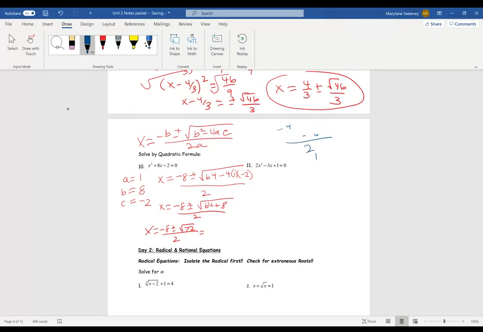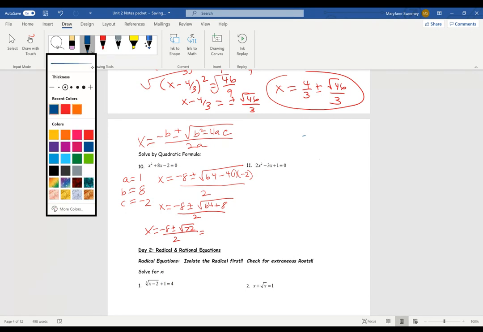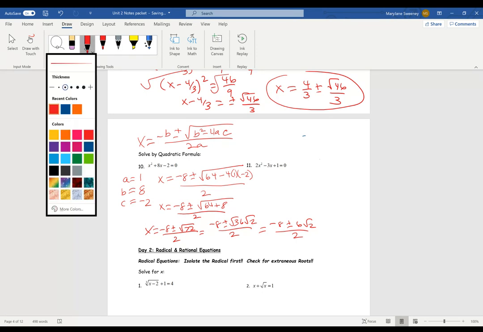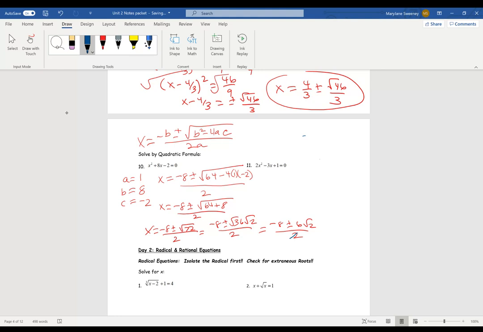So what you want to do is first break down the radical 72, 36 and 2, which is 6 radical 2. Now, if you're dividing each of these by 2, then 2 divided by 2 is 1, 6 divided by 2 is 3, negative 8 divided by 2 is negative 4.